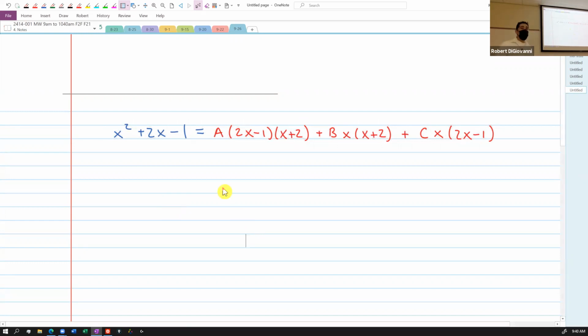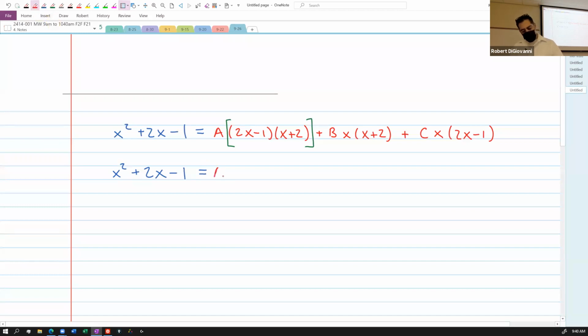Instead of trying to figure out what A is by killing off B and C stuff, I'm going to expand this whole right side out, like algebraically multiply it all out. So I'm going to start with this right here. I'm going to FOIL that out. Now I'm going to do it in my head, but I'm going to trust that you could do it on paper or whatever.